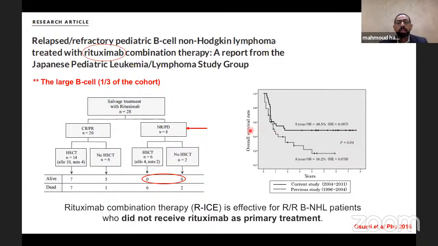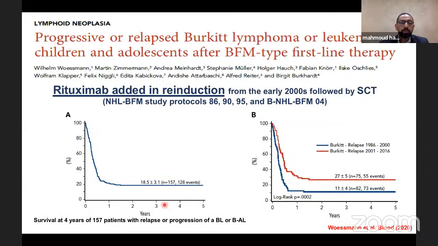And this could be explained by the fact that one third of their cohort included large B-cell lymphoma other than Burkitt's lymphoma, which is known to have good response to rituximab. They also noted that all their patients who achieved less than complete remission, with transplant or without transplant, had an outcome of 0. None of them survived.